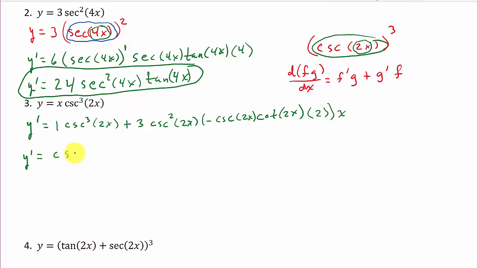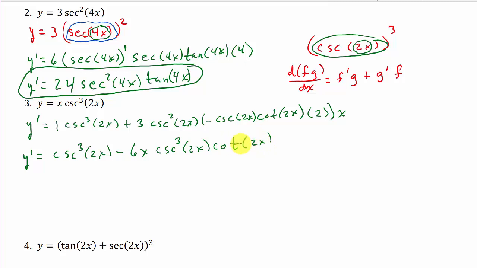Okay, and now let's see what we can do with this. Let's see, that's cosecant cubed 2x, and that is going to be negative 6x cosecant squared 2x, no, cosecant cubed, see, cosecant squared times cosecant, that's going to be cosecant cubed, cotangent 2x.